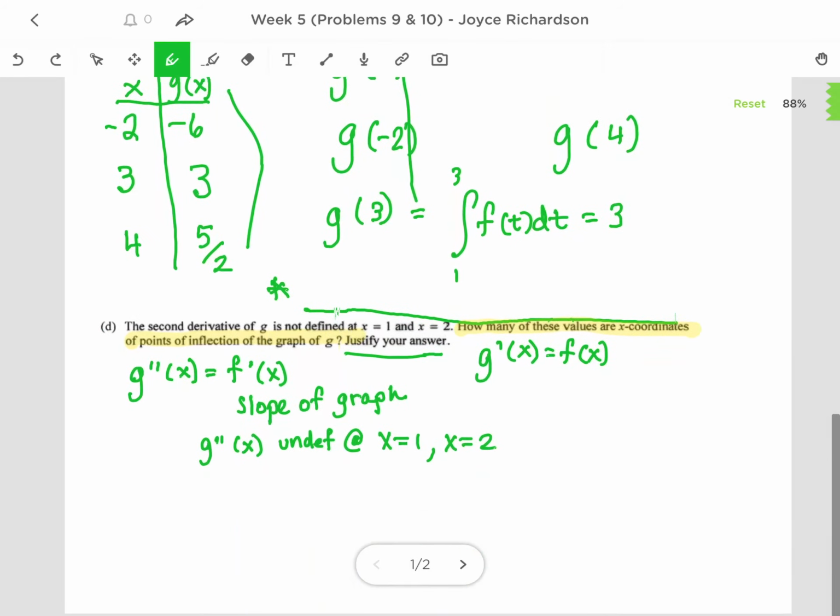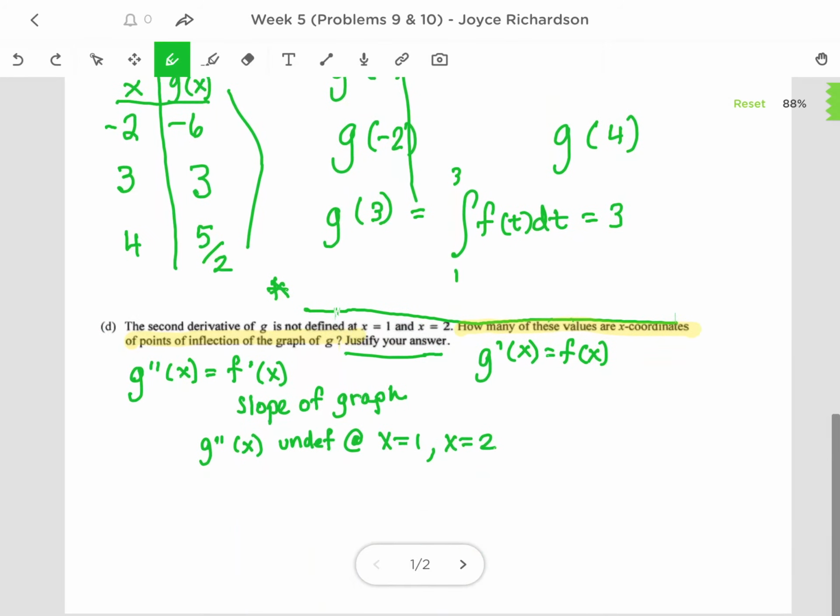So the reason that's an inflection point is because there's a change in sign of the second derivative. But the justification part has to talk about that at x equals 1, g double prime of 1 is undefined.